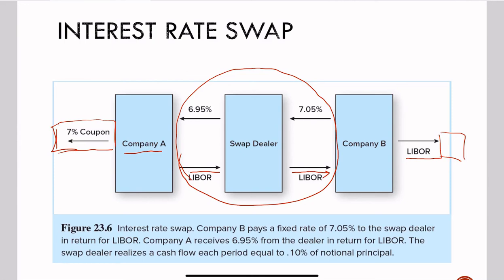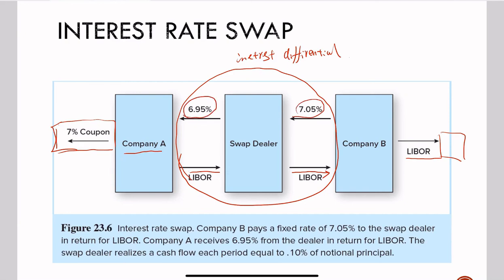And why this dealer wanted to enter into this swap contract? Well, because you can see that it can earn some interest differential, right? Or interest spread. Let's use differential. You can see that it receives 7.05% from firm B, and it pays 6.95%.